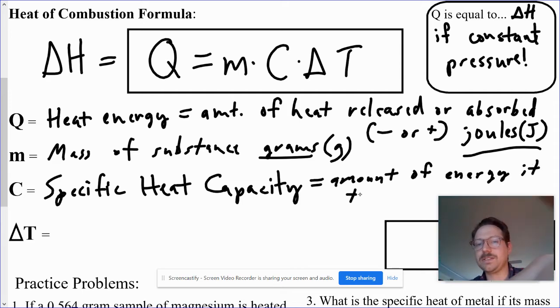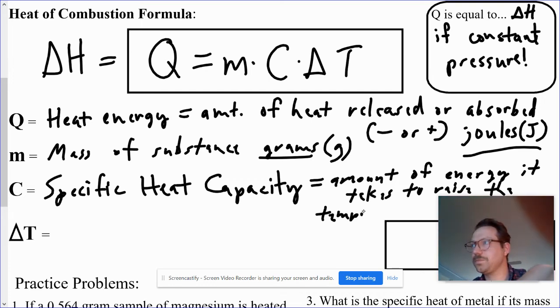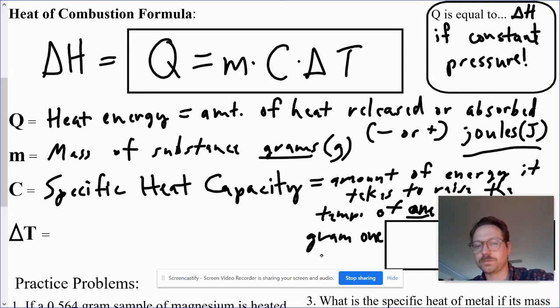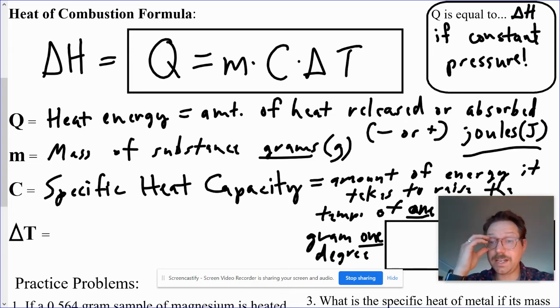Maybe it has hydrogen bonds, and those are maybe harder to break up. Okay, it's the amount of energy it takes to raise the temperature of 1 gram 1 degree.